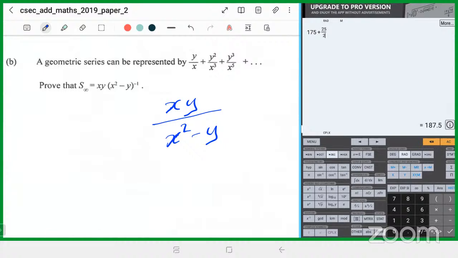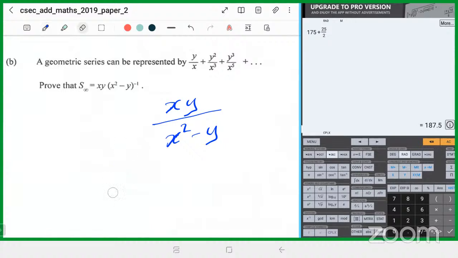I have y over x. I'm not sure where to put the 1 minus value. Put that as the exponent -1. There I have y over x divided by 1 minus y.